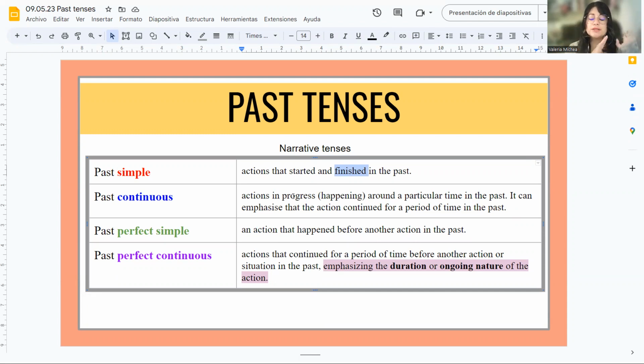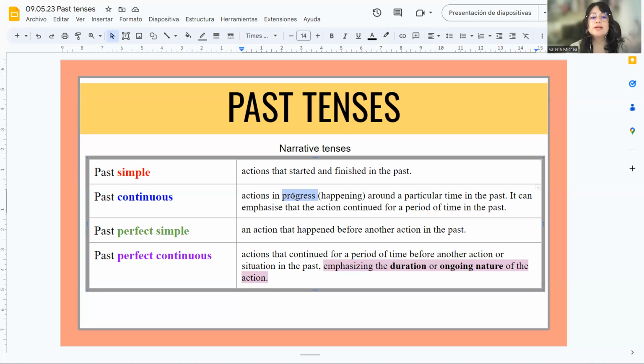They are completed, they started and finished, but we pay attention to the progress made in the action, or we also make emphasis on the duration of the action. We know that usually past continuous actions are quite long, so we can refer to them as the continuous form because they lasted for a period of time.